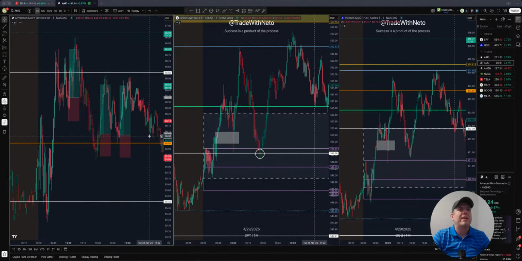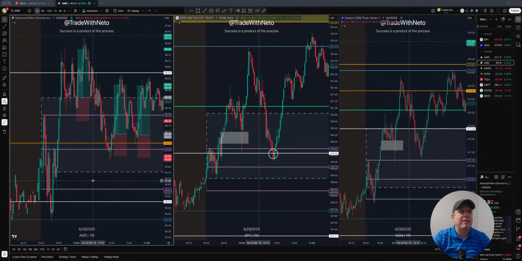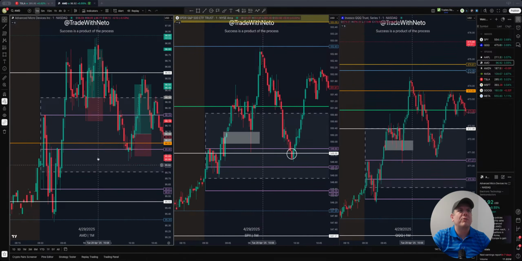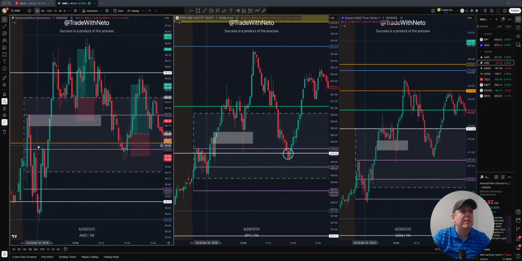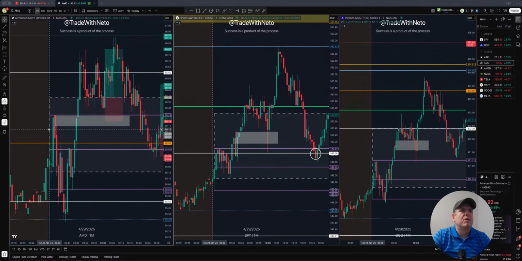Let's go to AMD. So AMD, I had a few different things here. So I want to show you. This is the 5 minute opening range, but also it's an order block here, right? It's an order block because in an uptrend we are having a down close candle, so that could be an order block.